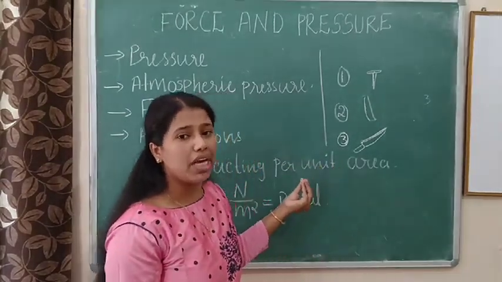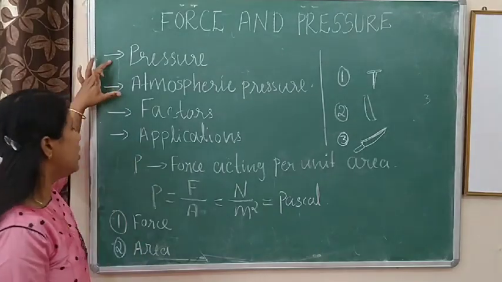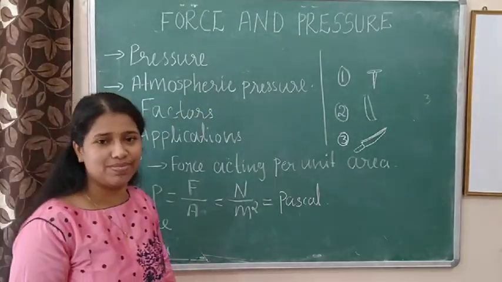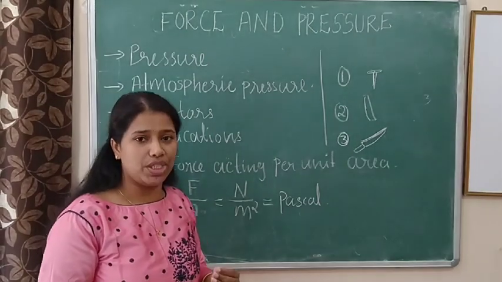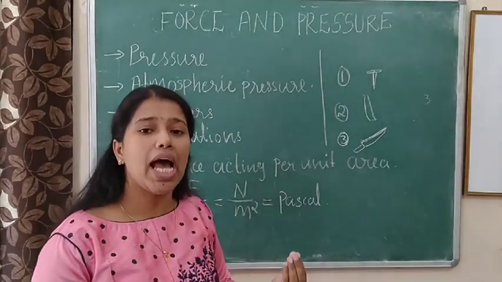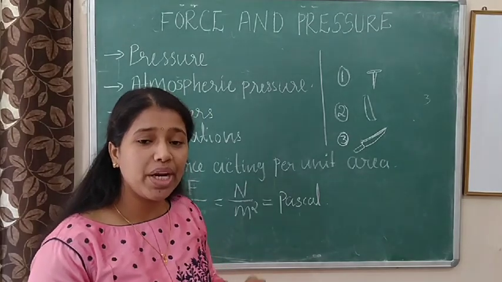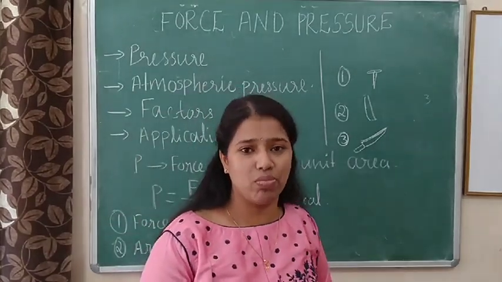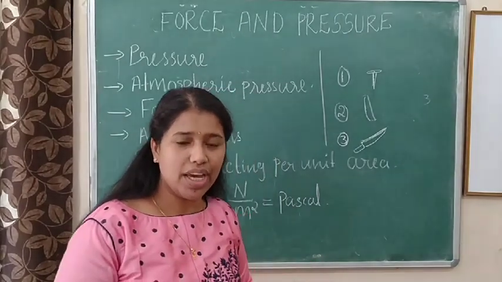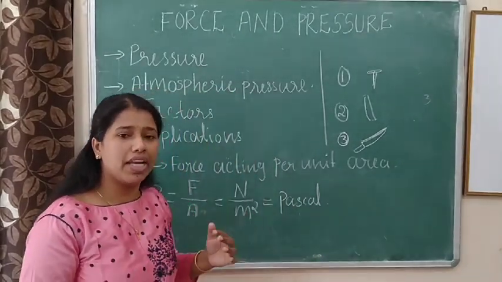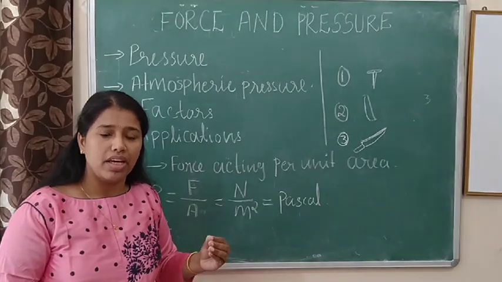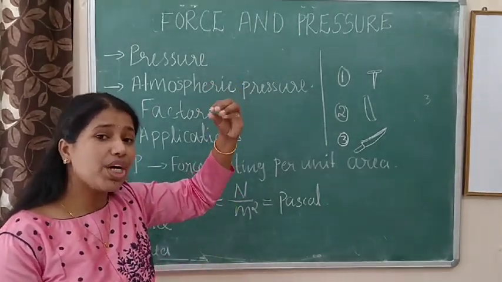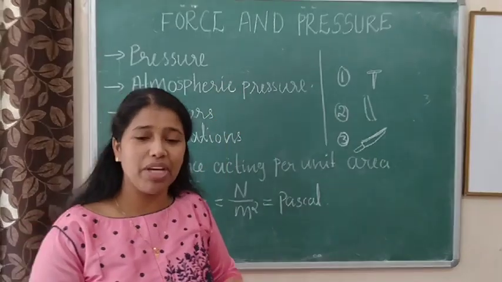It is very important. Then the next topic is atmospheric pressure. What is meant by atmospheric pressure? Pressure exerted by the atmosphere. For example, in the case of an aeroplane, at height, pressure decreases.